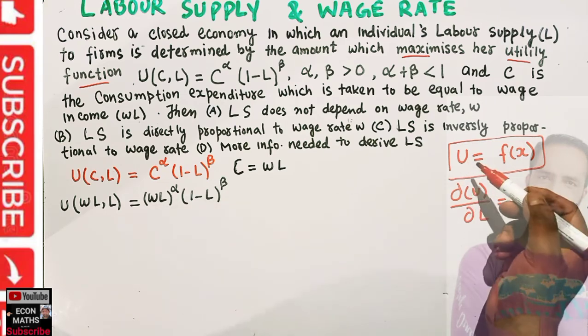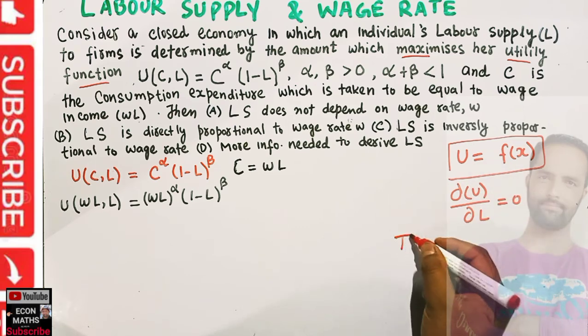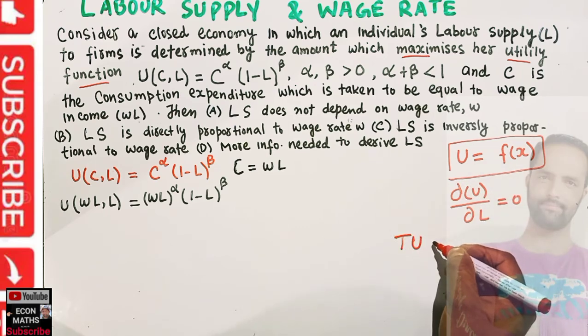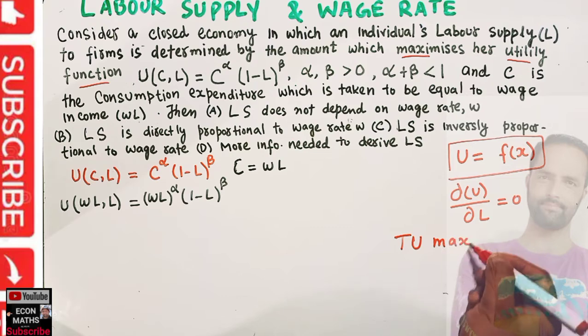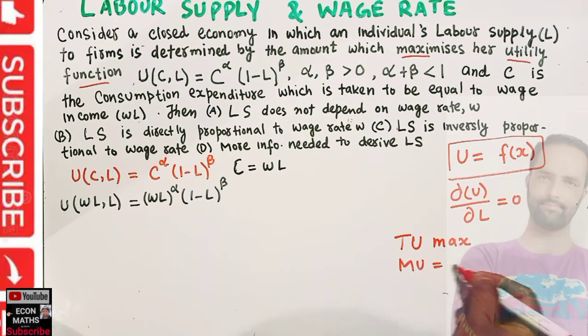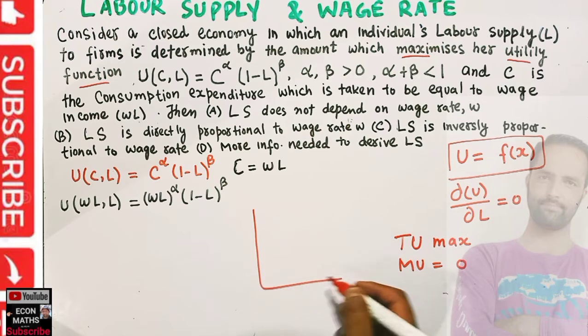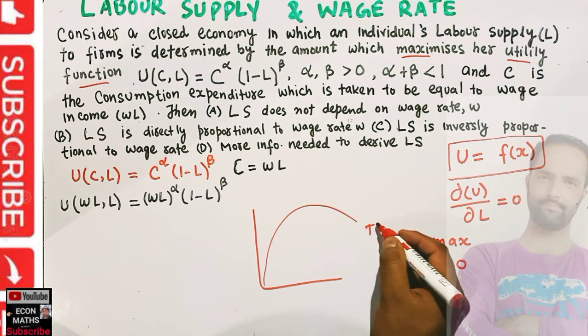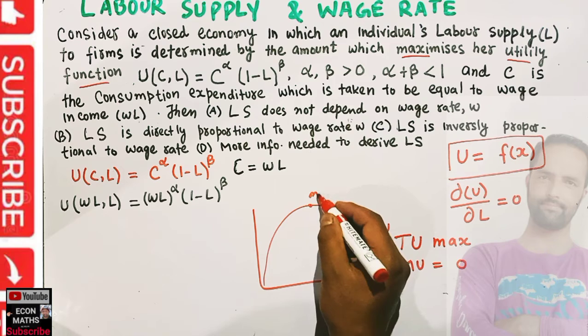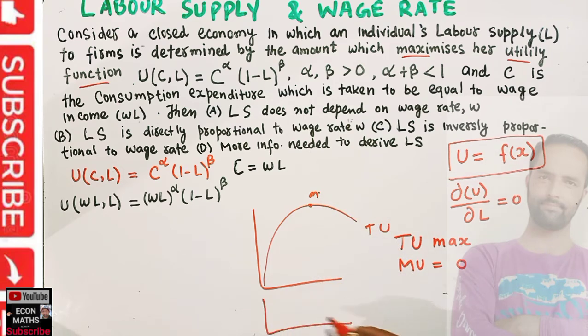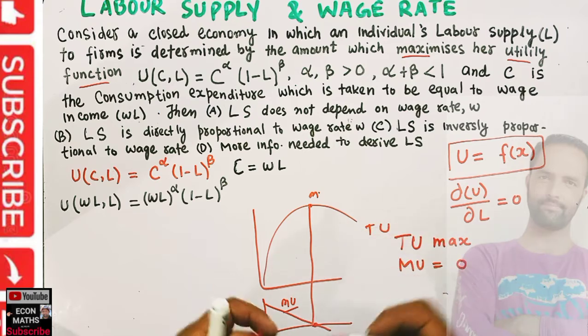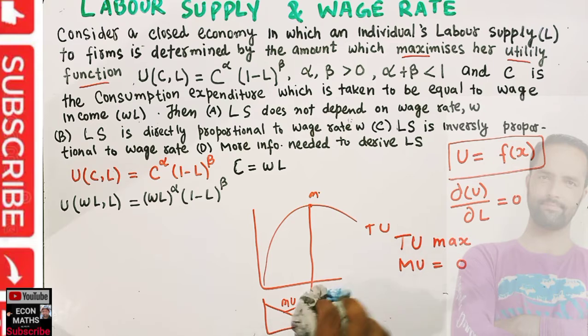That means total utility will be maximum when marginal utility is 0. We have seen a number of cases of this. If this is our total utility function, it will be maximum at the point where marginal utility is 0. Same process we apply here.